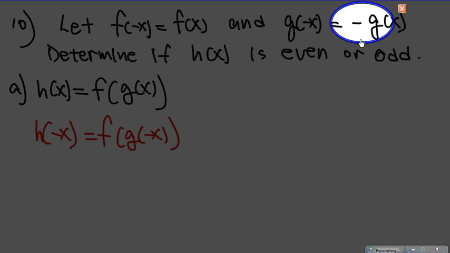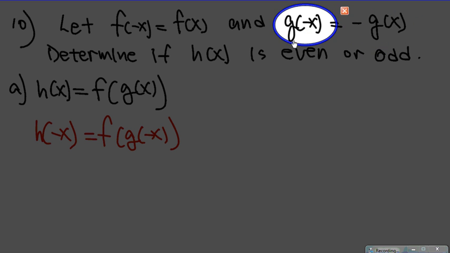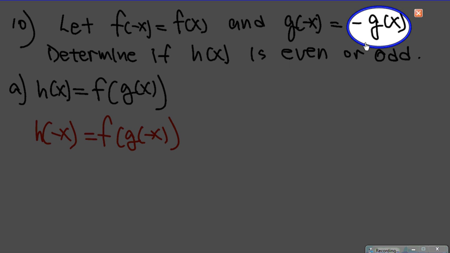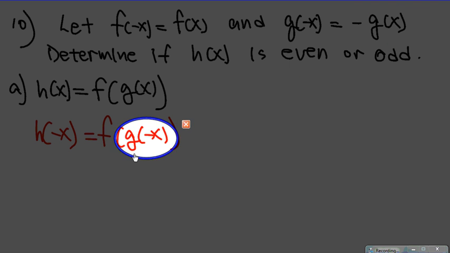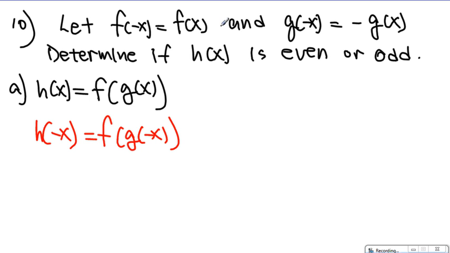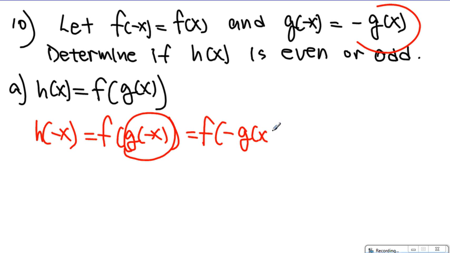You see the negative sign? So in this place, we can replace this with this expression, which is right over here. So in fact, what we can do now is rewrite this one as f of, since this can be rewritten as this one, negative g of x.